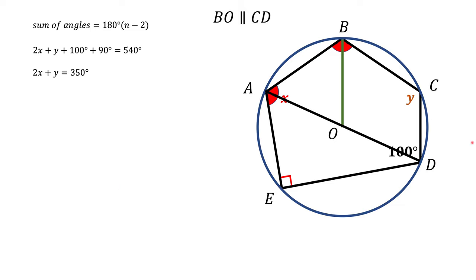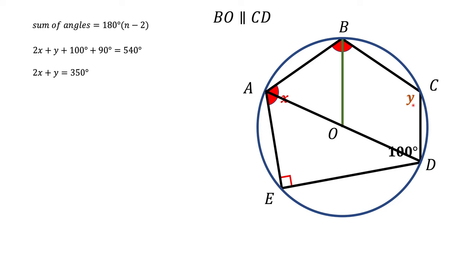The next thing we want to do is to use this property somehow. We have BO parallel to CD. We also have a line BC, which is a transversal. And we know something about the properties of angles that you get when you have parallel lines intersecting a transversal line.